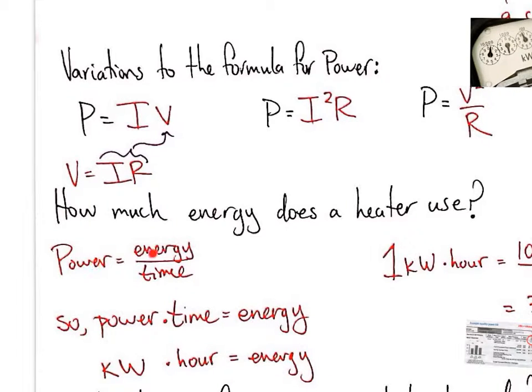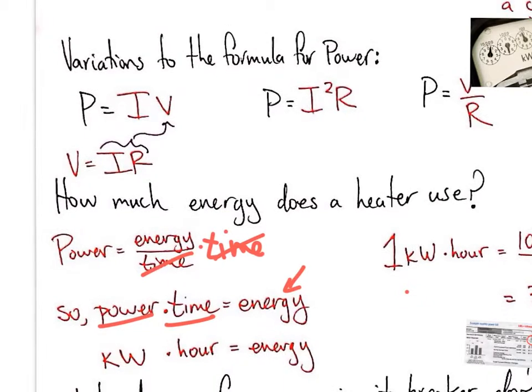So we know that power is energy per time. So if we multiplied this by time, do you see that? We'd get energy. All right. So this is how a measurement of power times time gives us energy.